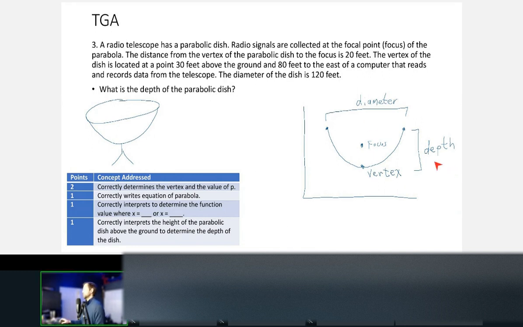We have it pointing up at the stars, or at the satellite or whatever it's pointing to. It's to the east. So here's a vertex. There's our focus point that collects the data. There's the tips of the dish, and then obviously from the top of the dish to the bottom of the dish, that is the depth.